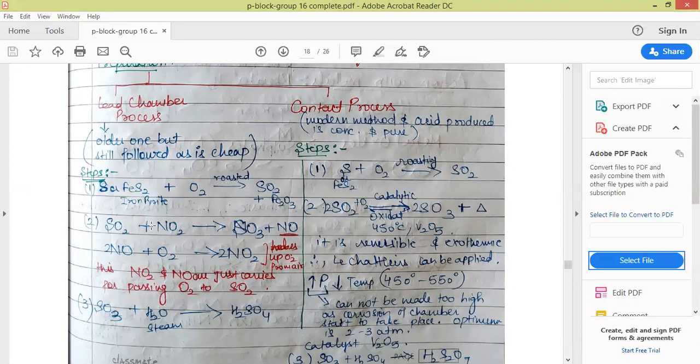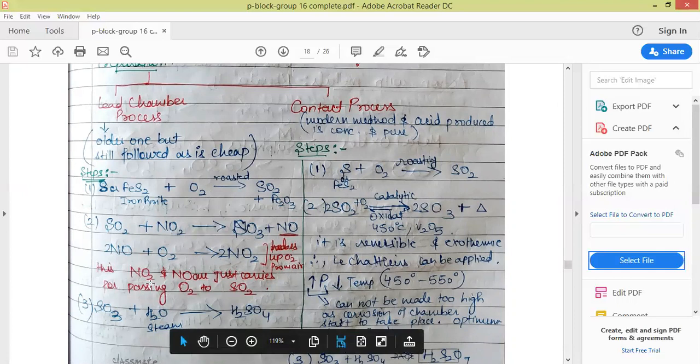Coming to the second step, in the lead chamber process, the second step is the oxidation of sulfur dioxide with the help of NO2 gas. So it is oxidized to sulfur trioxide with the help of NO2 gas. Here nitrogen oxide is produced as a byproduct, which further picks up oxygen from air and gets converted again to NO2.